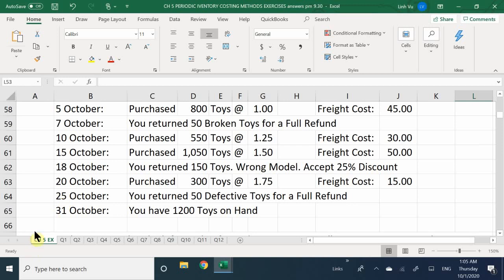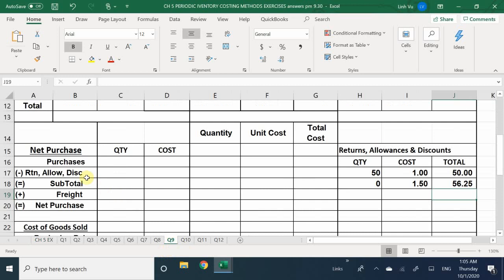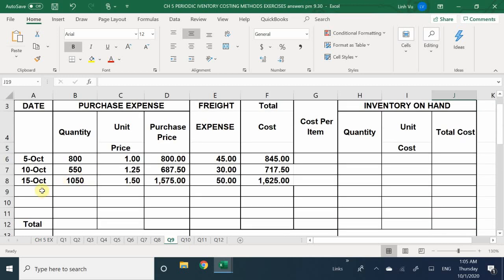So we're going to go back to our inventory table, and we know that on October 20, we had 300 toys at $1.75 to give us a total purchase price of $525.